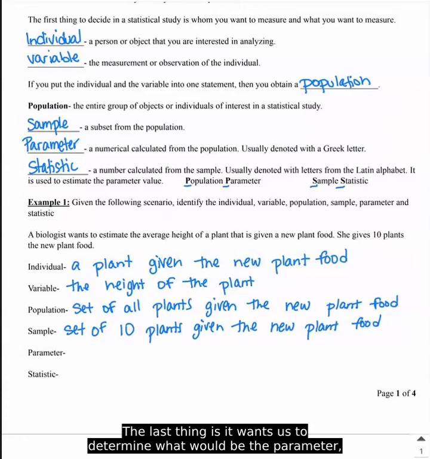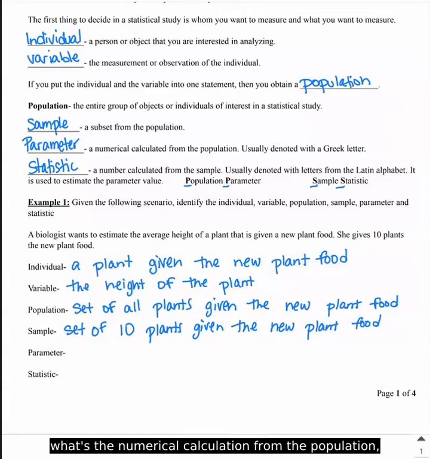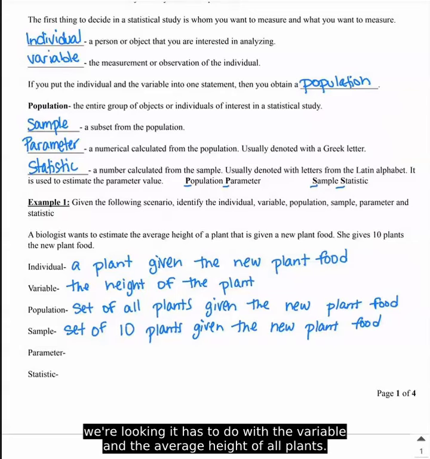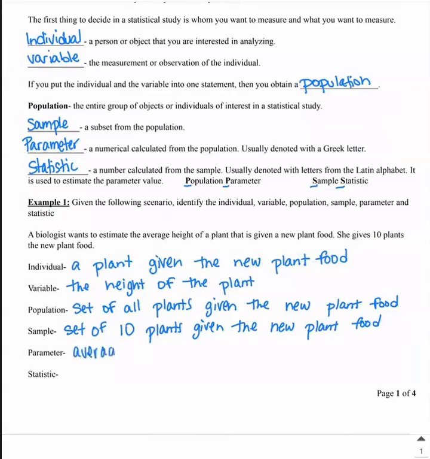And so the last thing is it wants us to determine what would be the parameter, the numerical calculation from the population, versus the statistic, the number calculated from the sample. So the parameter, which has to do with the variable, would be the average height of all plants.